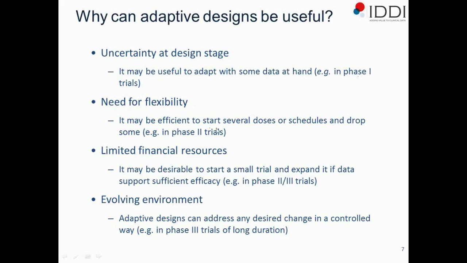There is a need for flexibility in clinical trials. For example, it may be efficient to start several doses or several schedules of a treatment and to drop those that seem to be less efficacious, and this would be typically done in phase 2. Limited financial resources is another reason why adaptive designs are very actively studied.